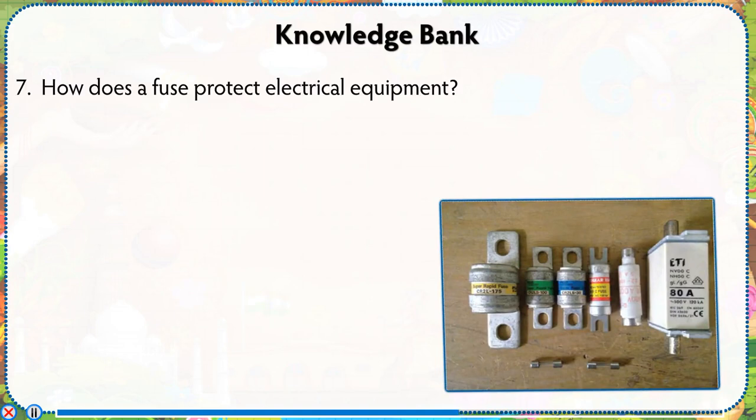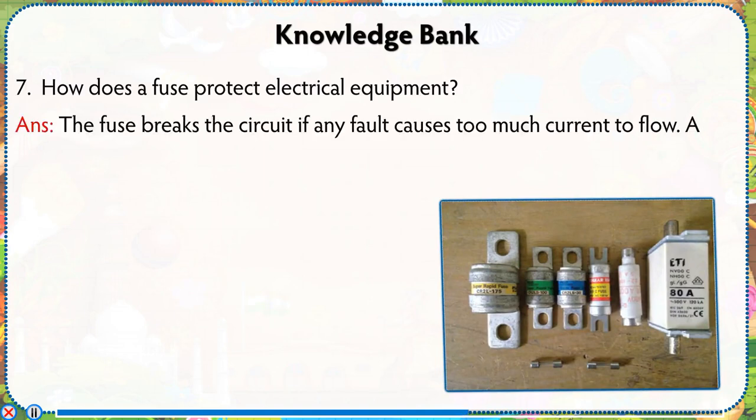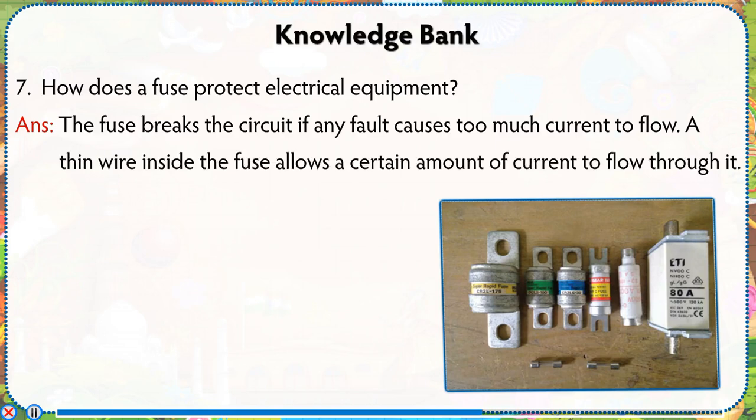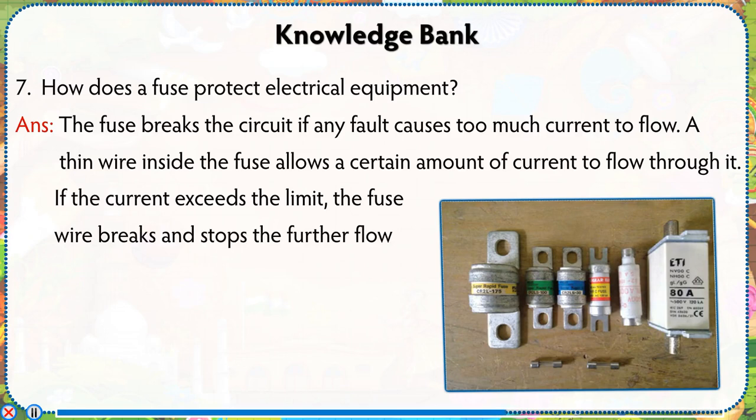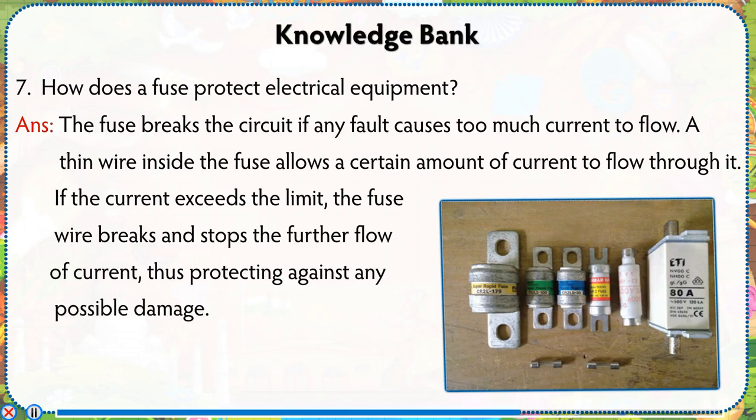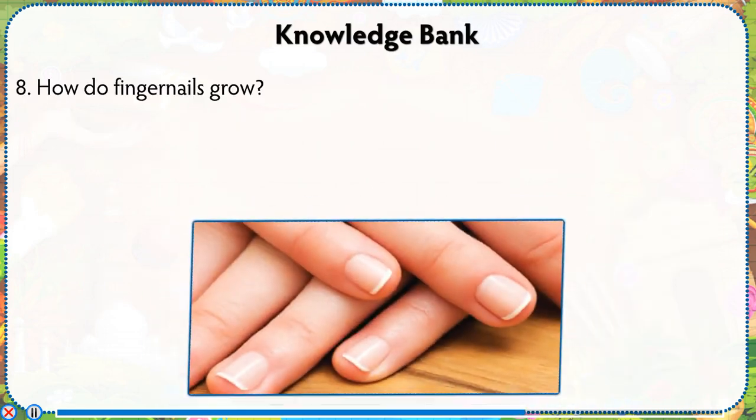Seventh, how does a fuse protect electrical equipment? Answer. The fuse breaks the circuit if any fault causes too much current to flow. A thin wire inside the fuse allows a certain amount of current to flow through it. If the current exceeds the limit, the fuse wire breaks and stops the further flow of current, thus protecting against any possible damage.